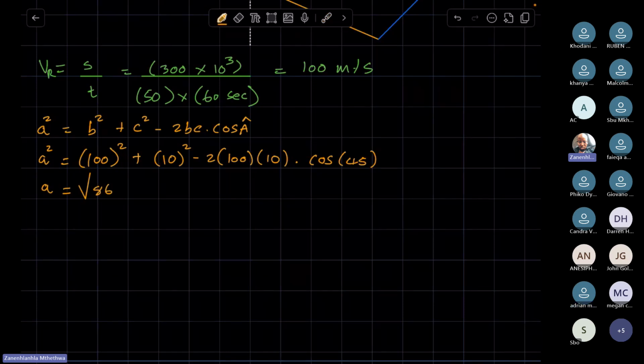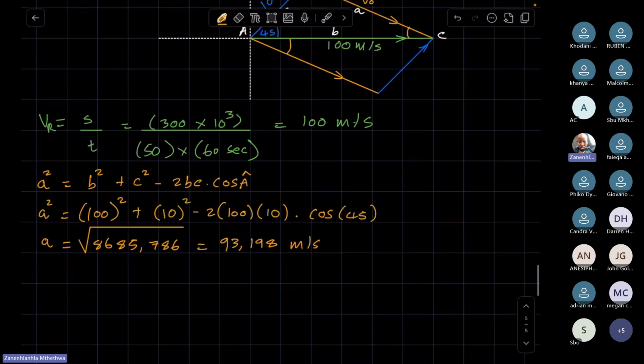And then of course, we calculate the square root of this, and what do you get? 93.198, in meters per second.